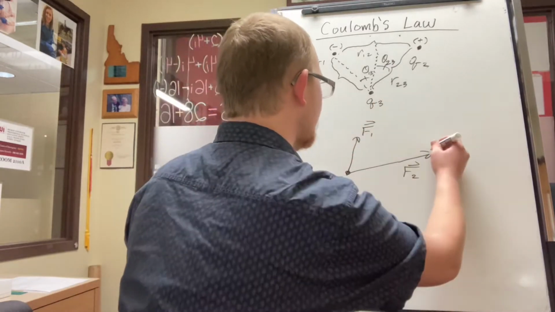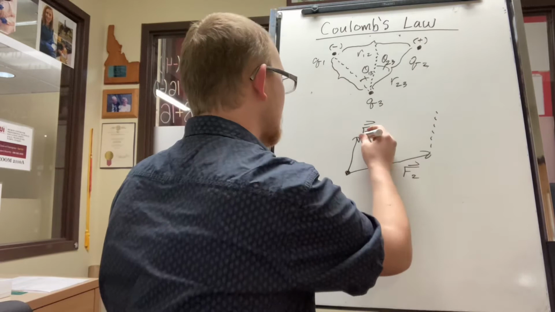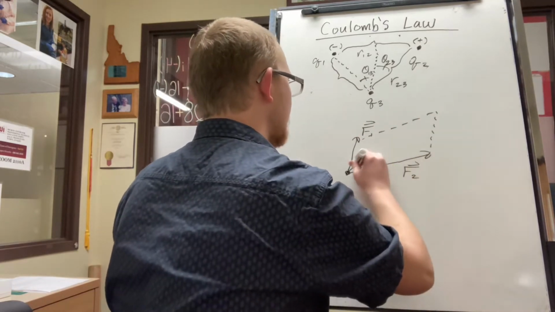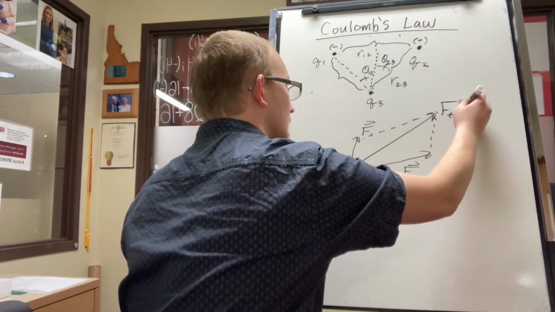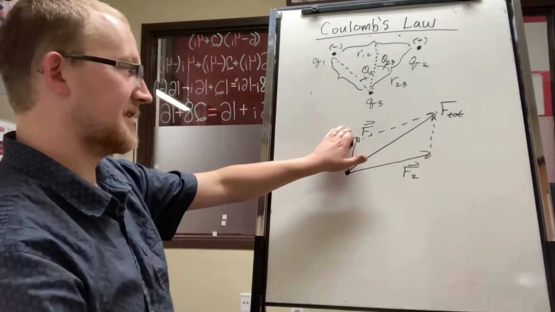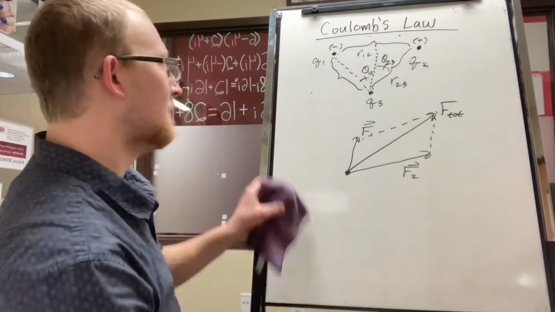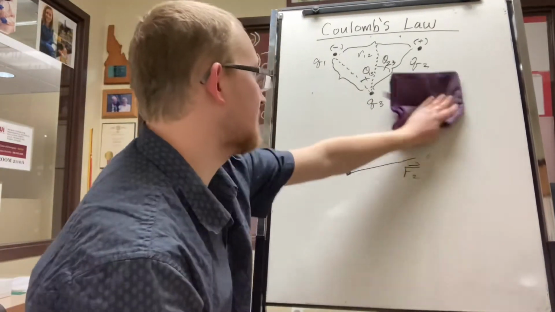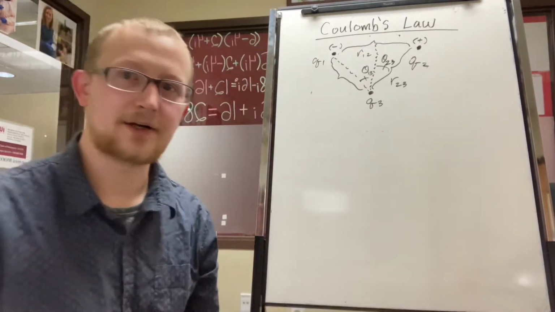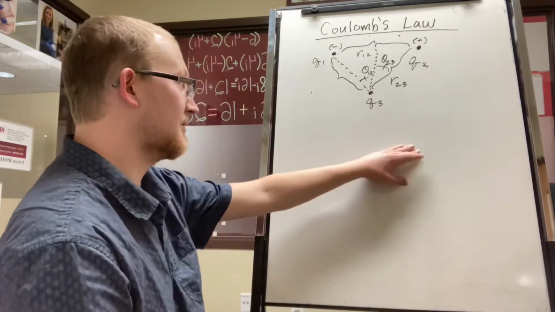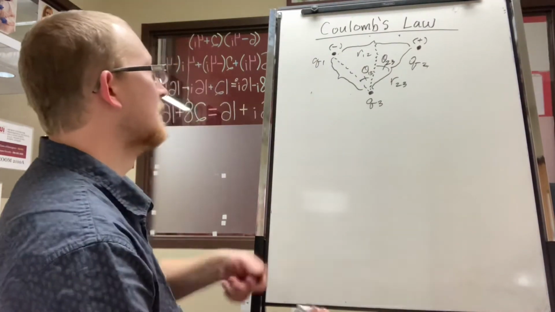I move my tail to tip, draw my parallelogram, and that's my resultant force, F total. It includes both F1 and F2, so that's really all superposition is. Always remember what are vectors and what are scalars: vectors add like vectors and scalars add like scalars.